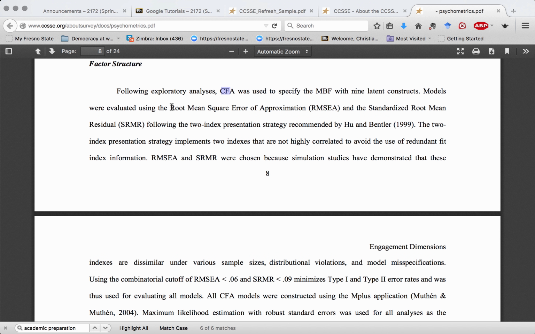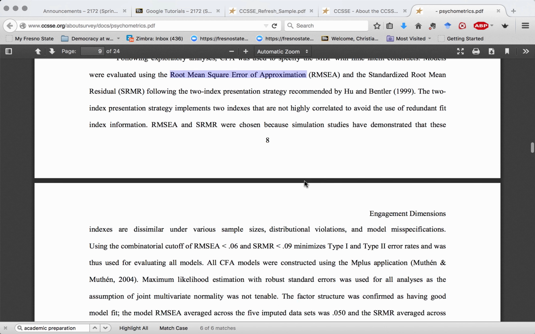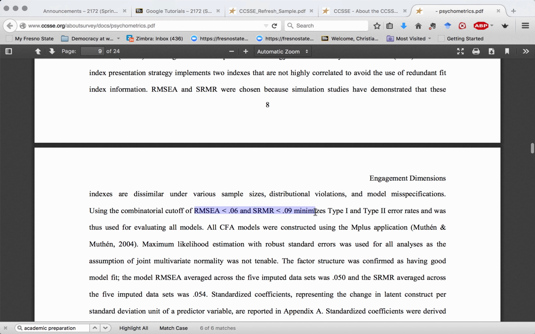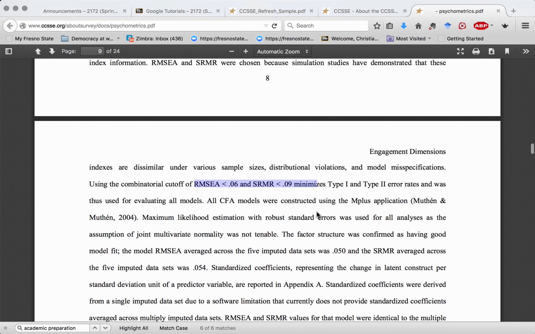And some of these mathematical indicators are this root mean square error of approximation, RMSEA, or this RMR. Those are different coefficients. There are other indicators, and then there are here some indicators of what levels we're looking at.